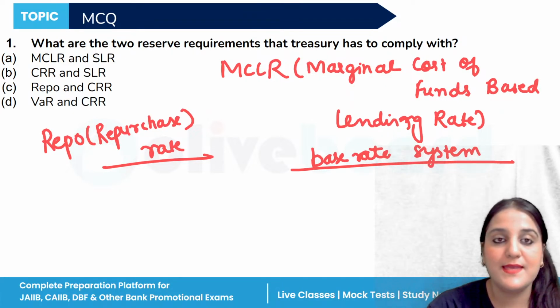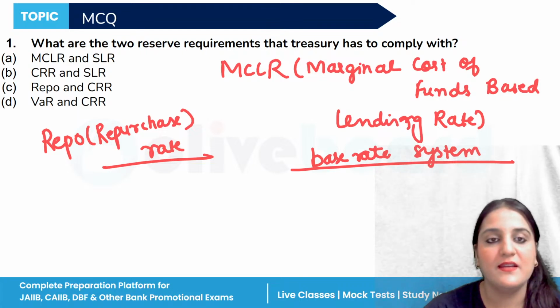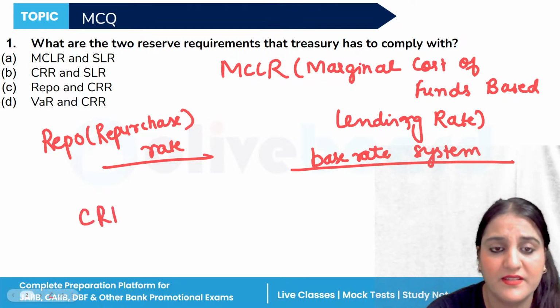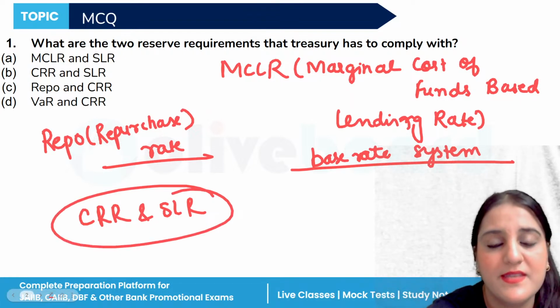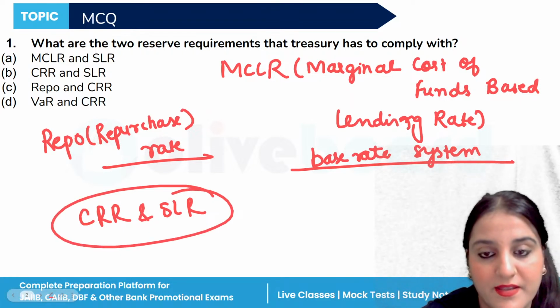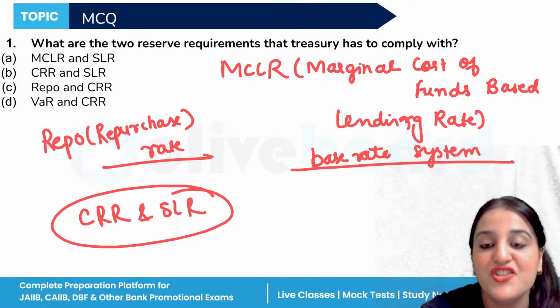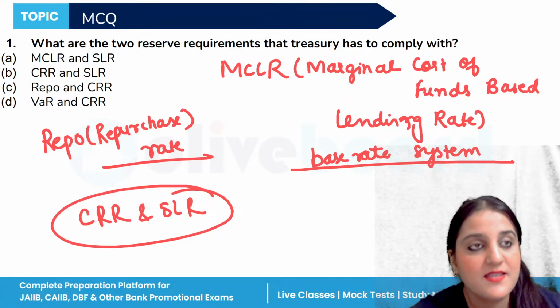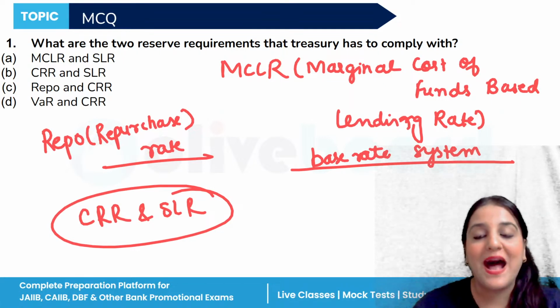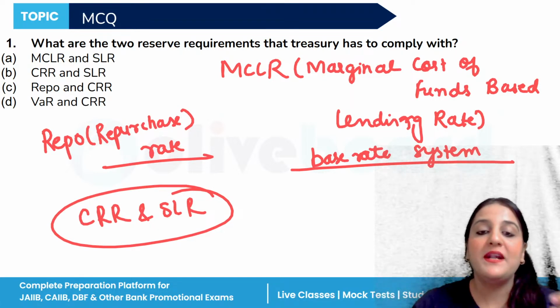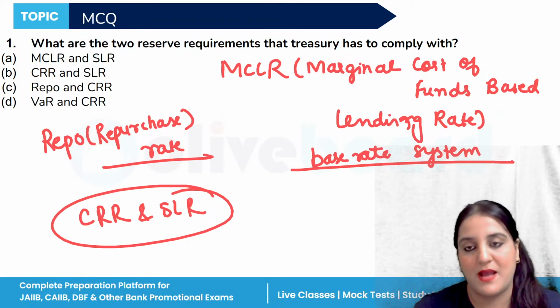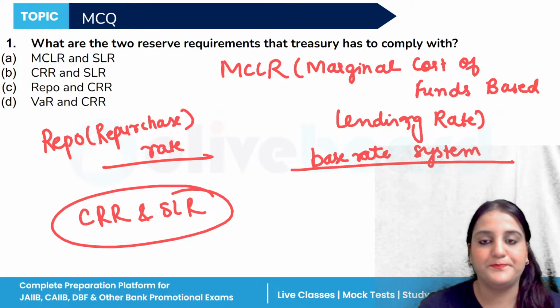So we can say that the two reserve requirements are CRR and SLR. CRR, cash reserve ratio, is the percentage of a bank's total deposits that must be maintained with the central bank, that is RBI in India.